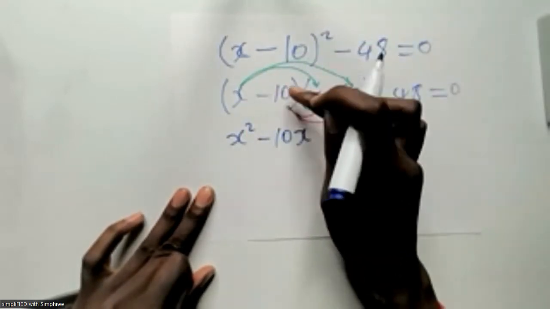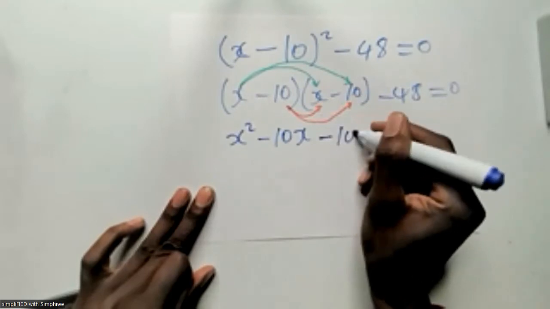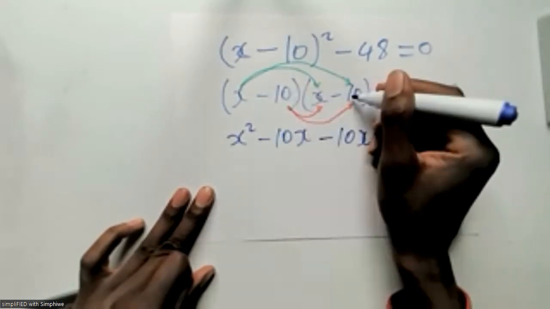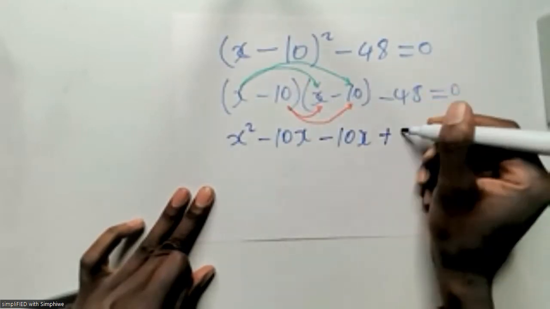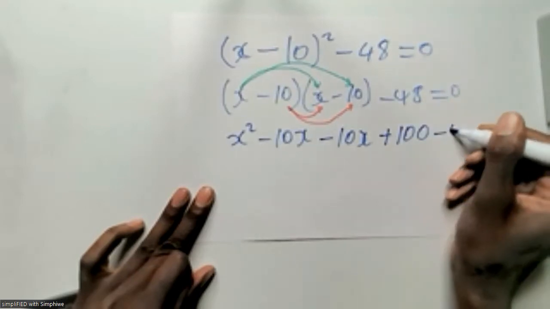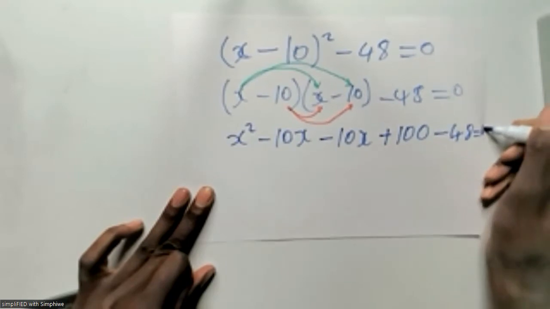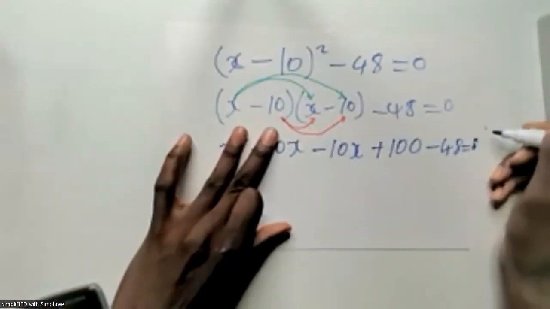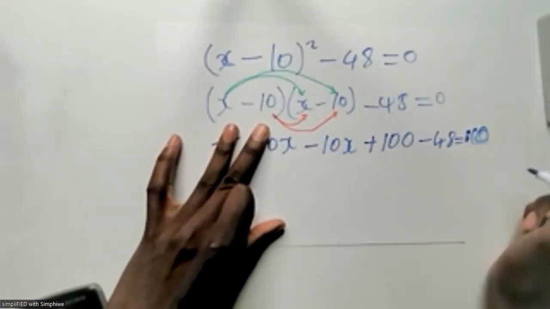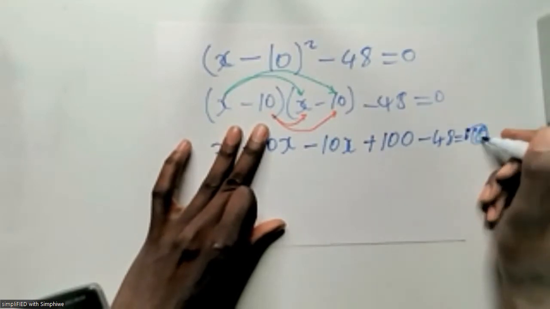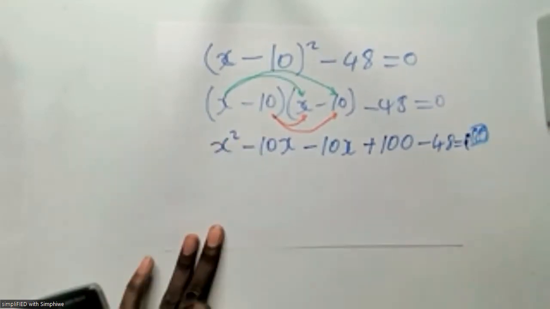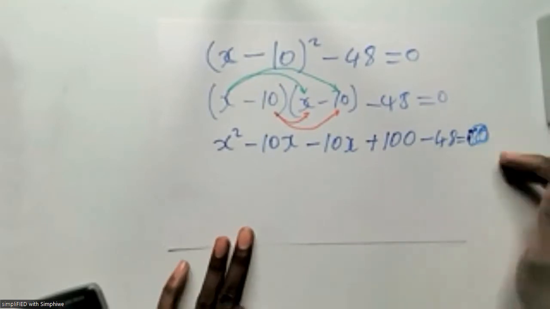X times minus 10, minus 10x. We're done with the green. Let's go with the red. Minus 10 times x is minus 10x. Minus 10 times minus 10 is positive 100. Minus 48. Therefore, that should be equals to 0.